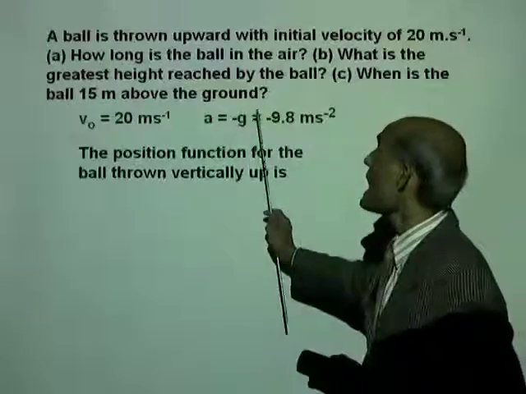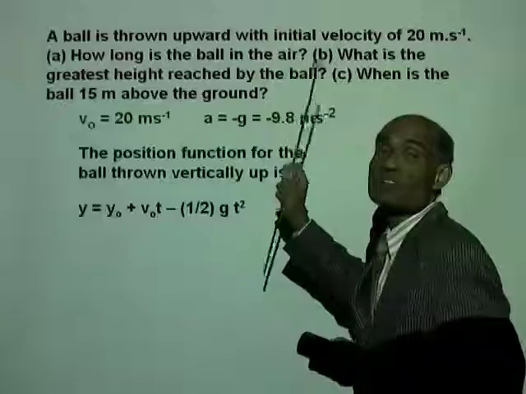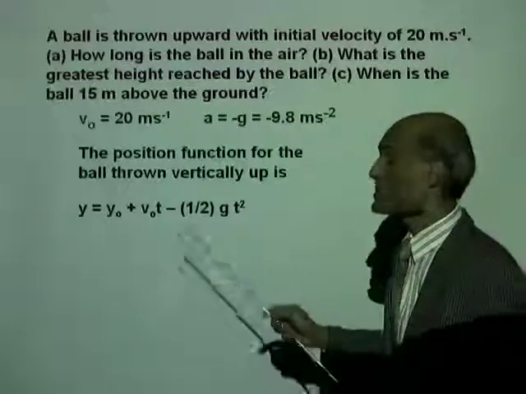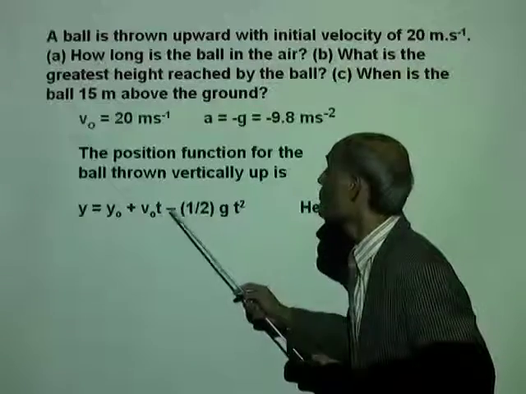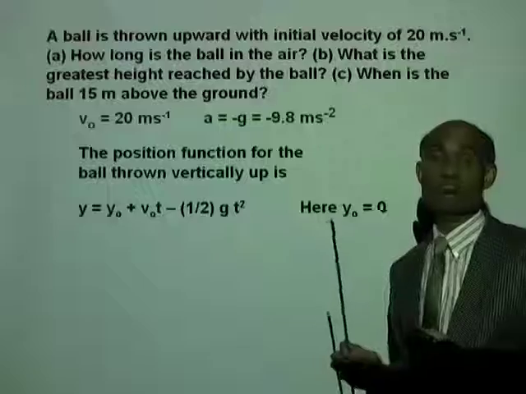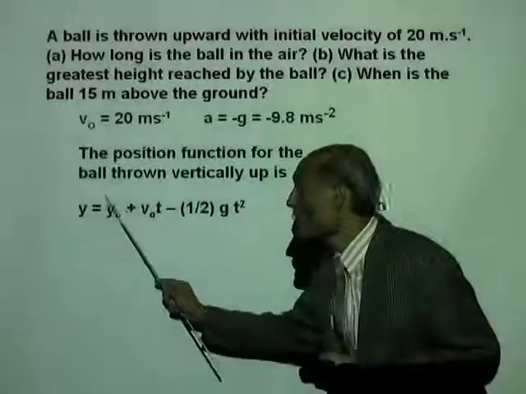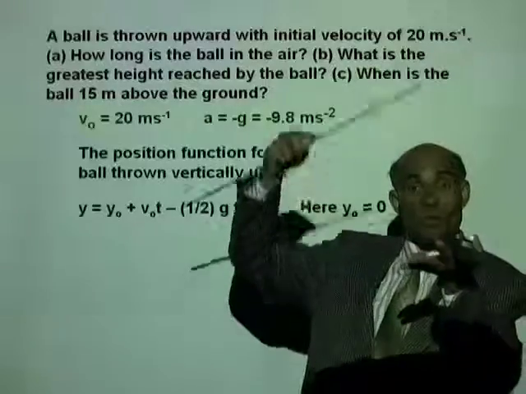And in place of a, we will use negative g, that is negative 9.8. So y equal to y0 plus v0t minus 1/2 gt squared. And y0 is 0 because we projected the ball from the origin.